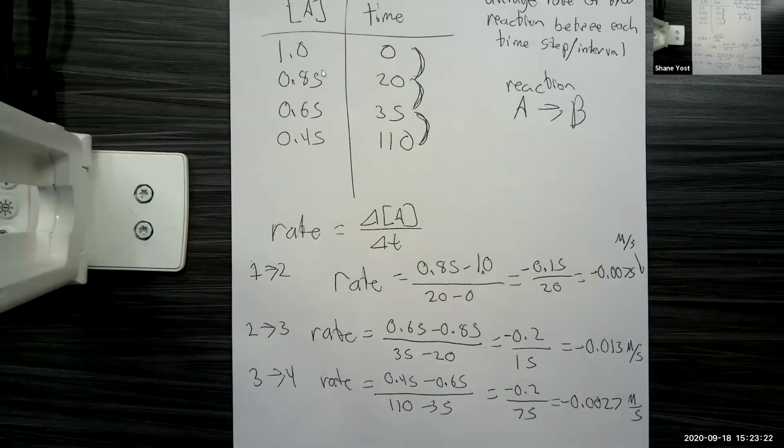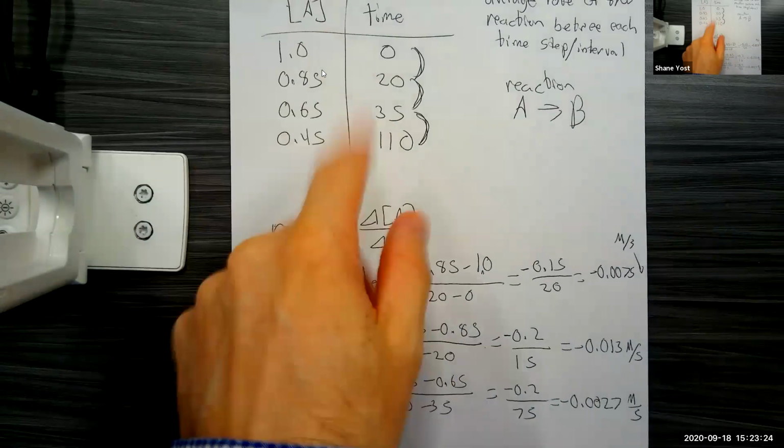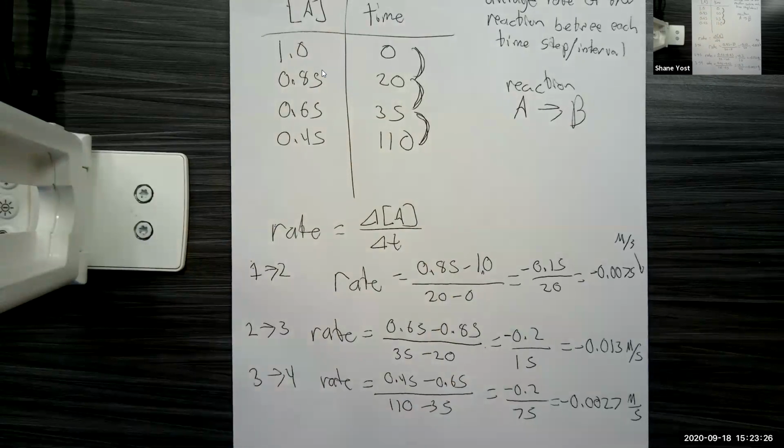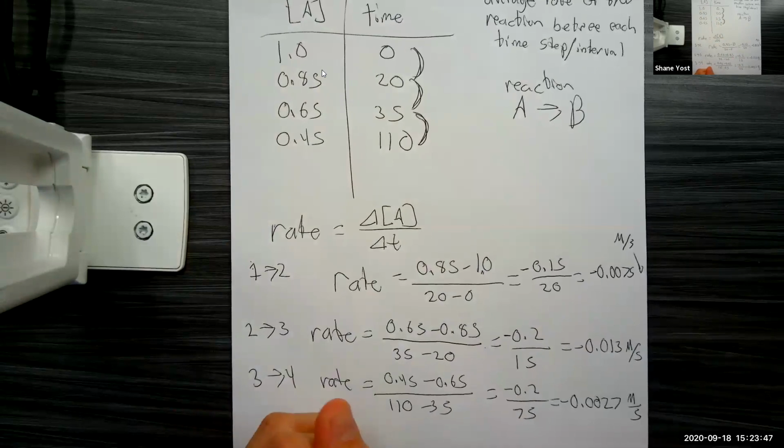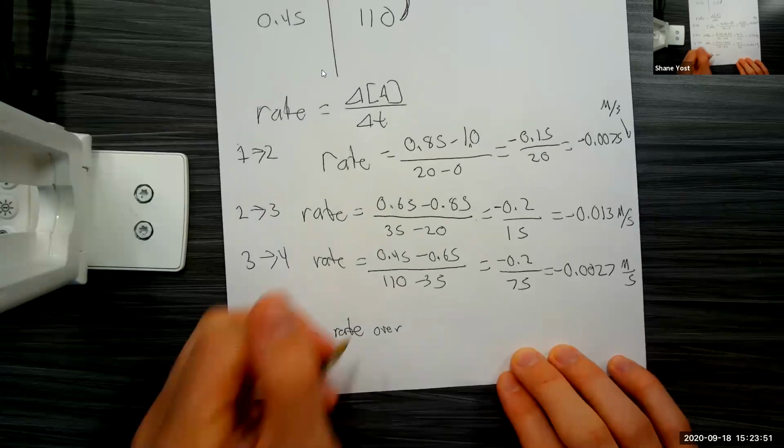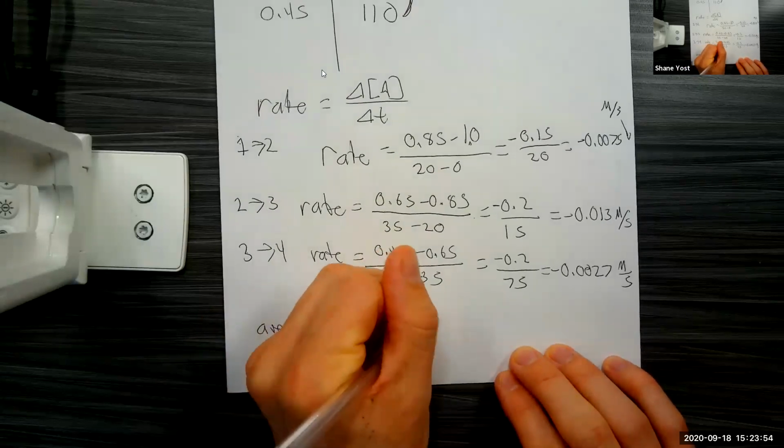And so for this type of problem, you would just be given a chart like this and asked to calculate the average rate. I think there might be an example of this on the sample exams, and I think it asks for the average rate over all time or something like that.